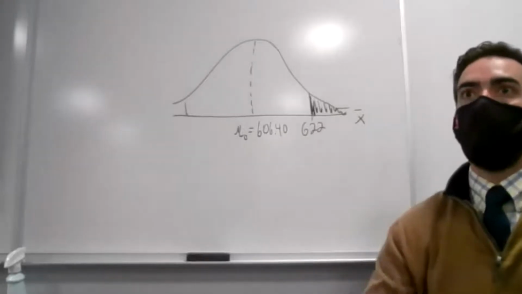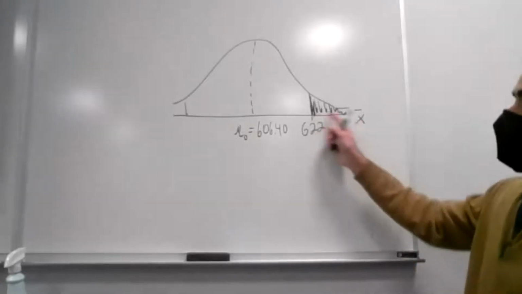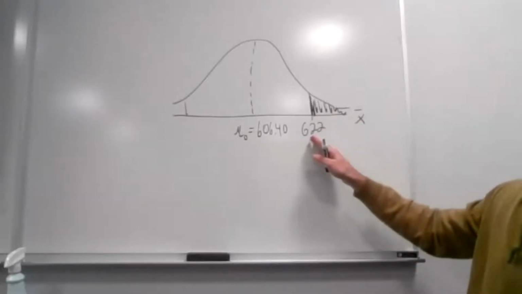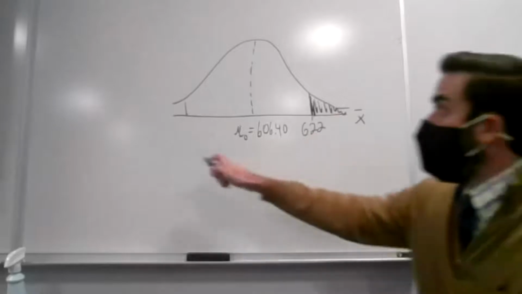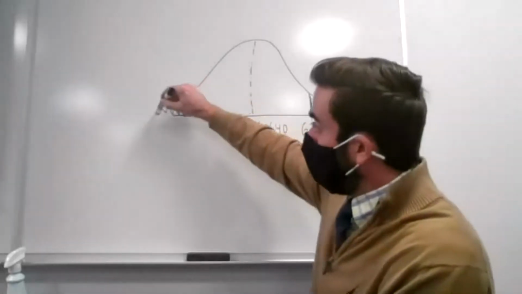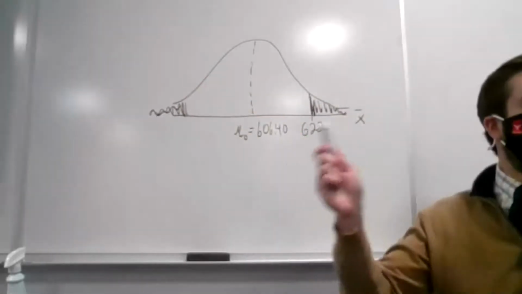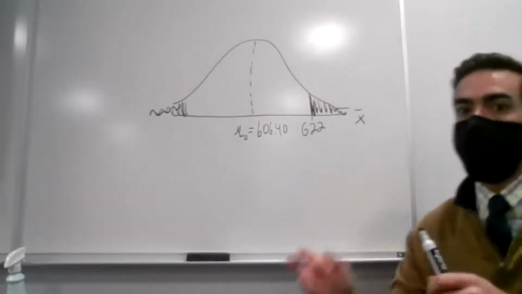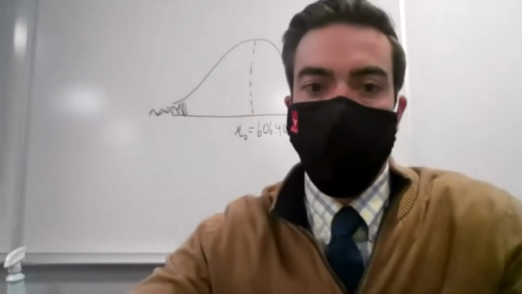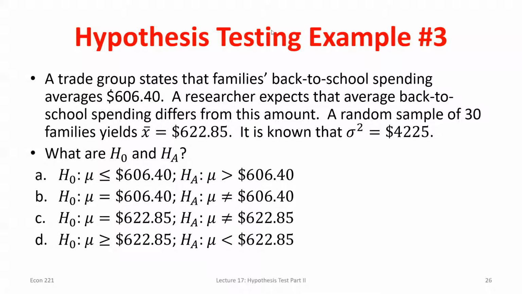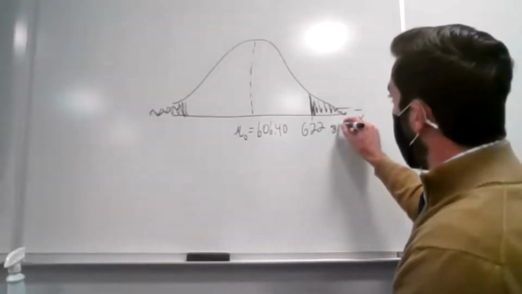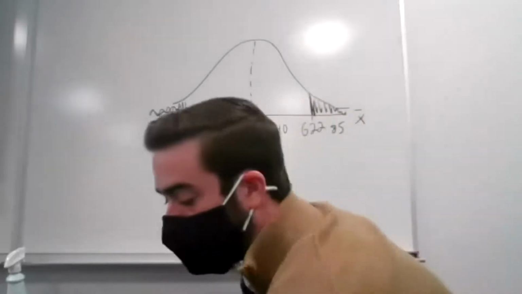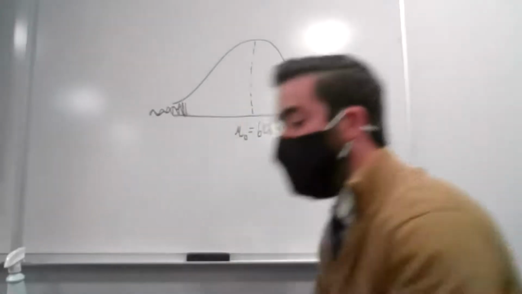Well, with a two-tailed test, everything here would be something that far away from the assumed true mean that went against the null. But everything down here would also have been evidence that was that far away from that assumed true mean, but also went against the null. Right? So what's the exact value here? 622.85. So 0.85. I probably forgot to throw my, oh, I didn't.